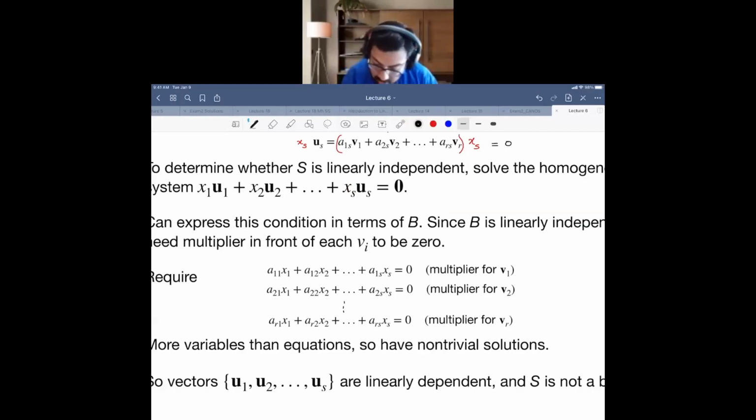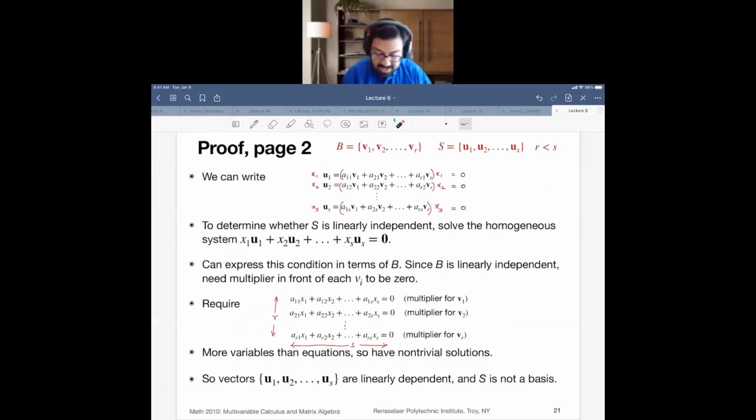So in this case, what do you have? You see the number of rows over here are R, and the number of columns for this are S, right? So if you set it up as an AX equals 0 problem, then you will have number of rows smaller than number of columns, because R is less than S, which essentially means that you have a trivial solution, right?